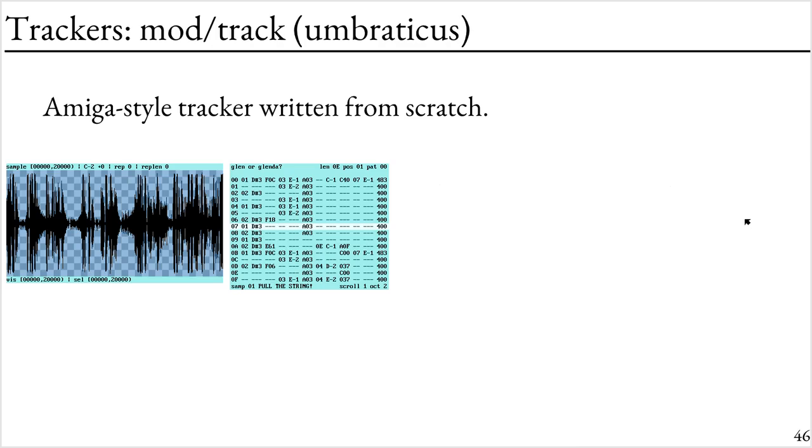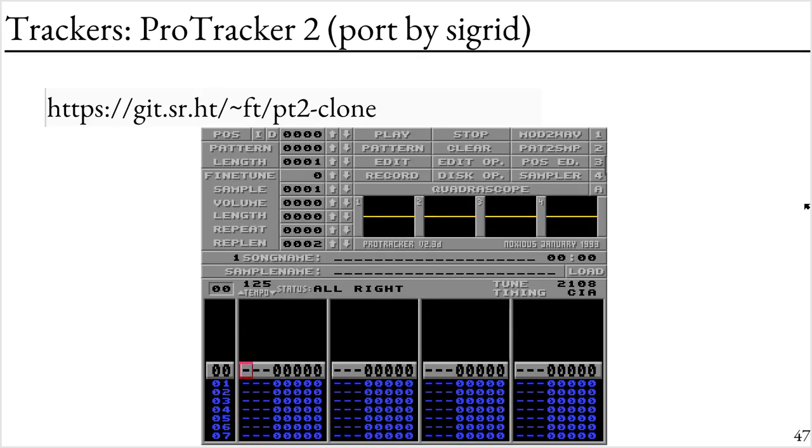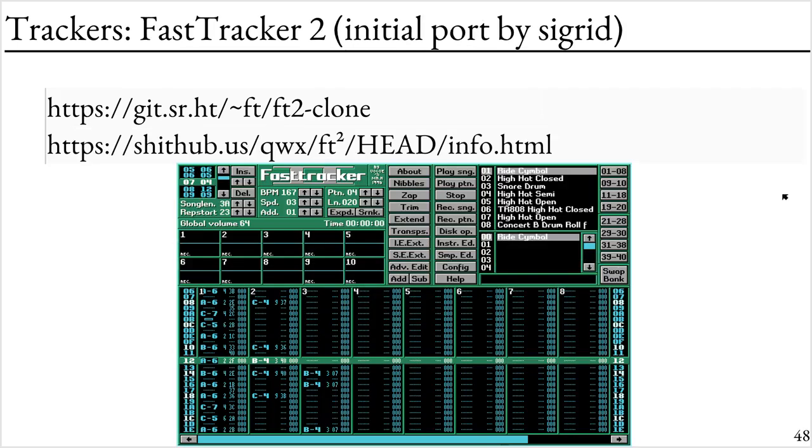On 9front, we have Mod Track by Umbraticus again, which is an Amiga-style tracker written completely from scratch. It uses samples and it comes with its own sample viewer and editor. Very nifty and quite small. Then next to this, we have two ports by Sigrid, one of ProTracker 2, so a PT2 clone on Unix, and one of a FastTracker 2 or FT2 clone.